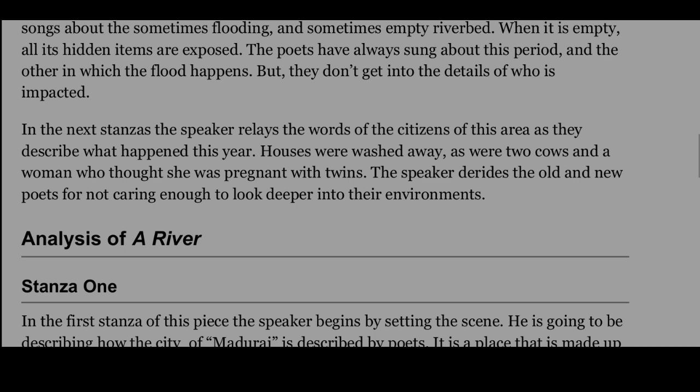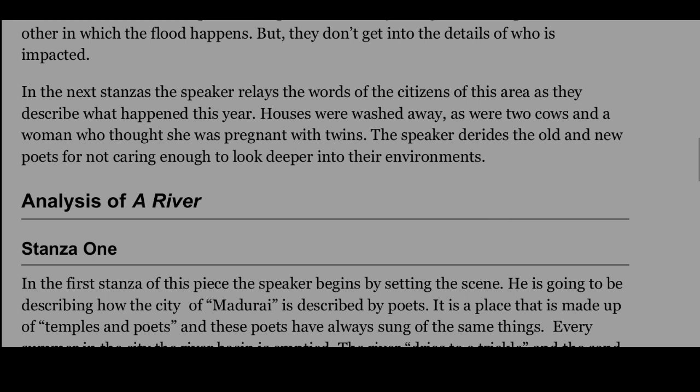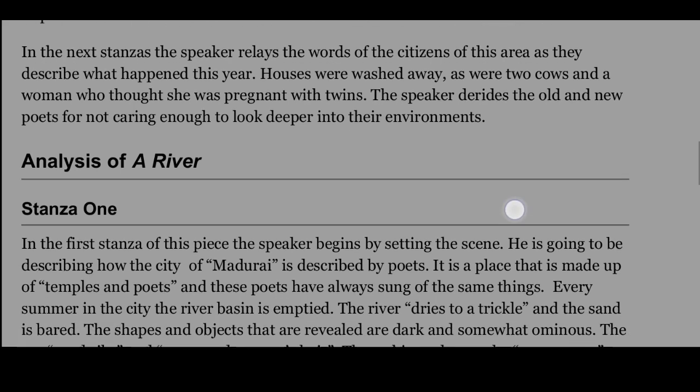When it is empty, all its hidden items are exposed. The poets have always sung about this period and the other in which the flood happens, but they don't get into the detail of who is impacted.